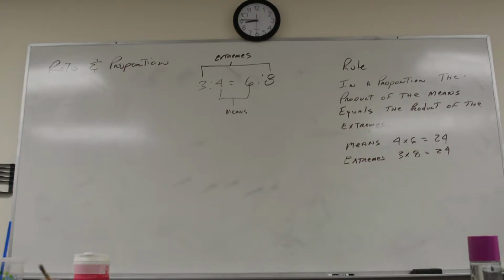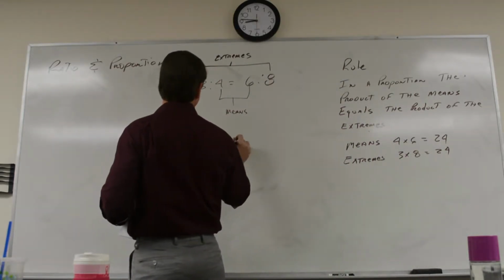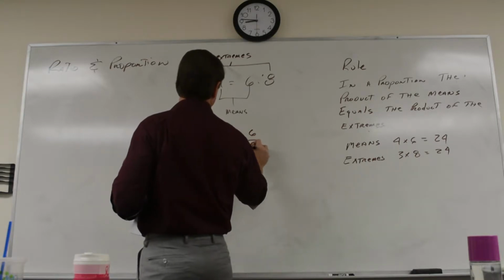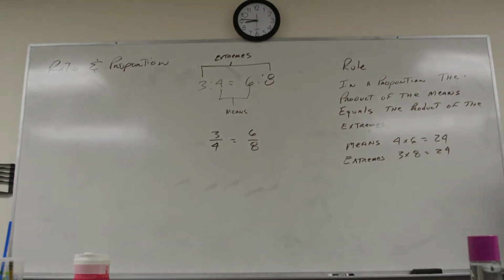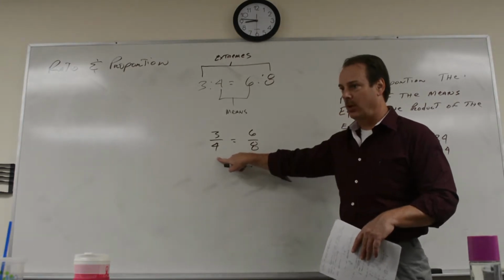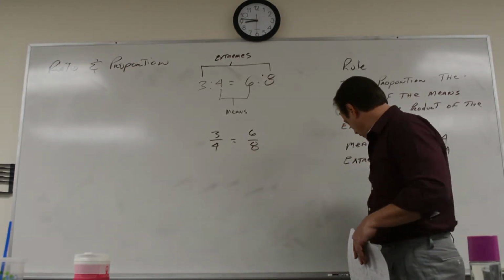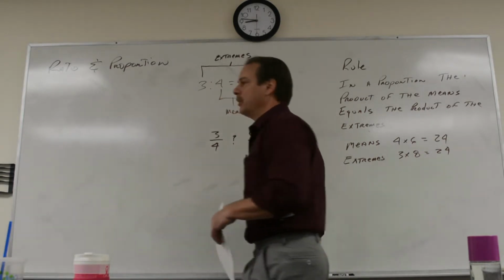Instead of doing it this way, let's change this to a fraction format. One way of determining if these two ratios are equal, let's say we don't know here, how can we check it?